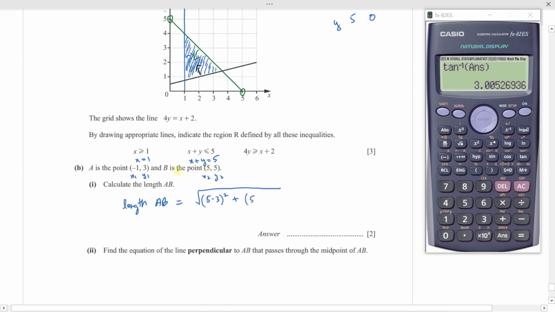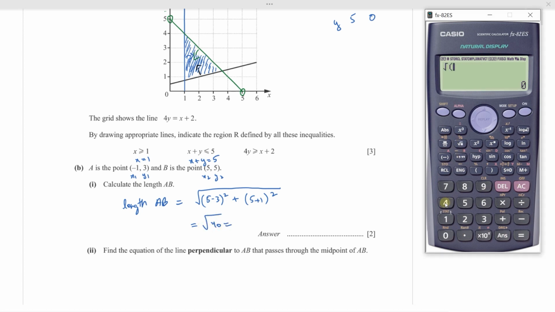So 5 minus minus 1 becomes 5 plus 1. So this will be 4 plus 36, which is the square root of 40. And that is 6.32, the length of AB.